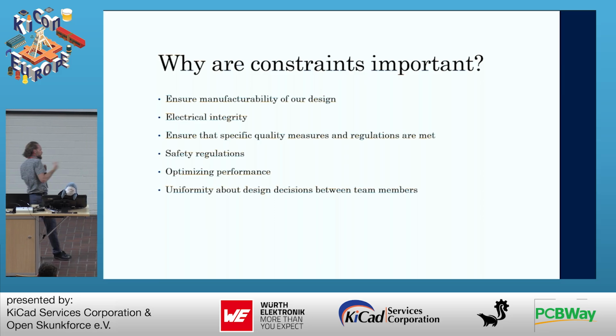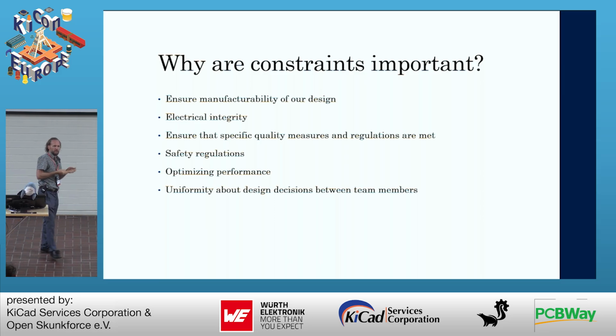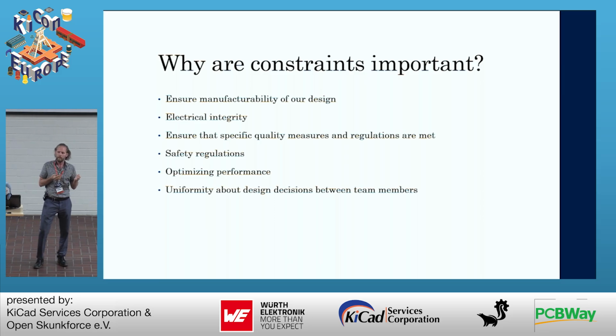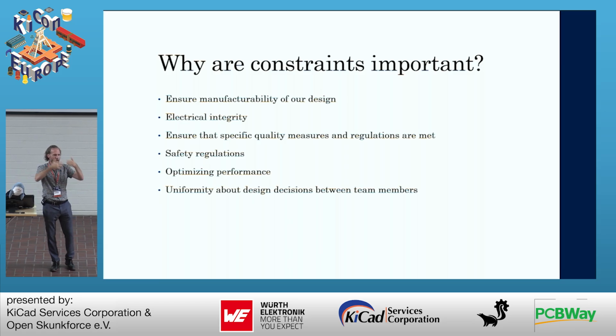And another thing, which is maybe not mentioned as much, is if you're working in a larger department or a larger project with many people on it, you often don't want one person using one set of rules and another person using another set of rules. You actually want to put all your constraints into your CAD system, and have the management of the constraints be within the system itself, so that multiple people working on the same project do not follow completely different rules.